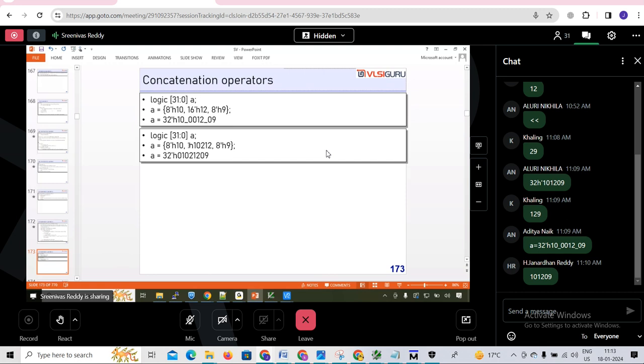Since you haven't given any size, it will take whatever is there. 5 bits are there, it will take 5 characters. It will treat it as a 20-bit vector. Since you haven't specified any size here, it will take it as 20 characters. 8 characters from here, 20 characters from here, 28. So 0 will be taken from here. You understood? So when you don't give any size and write tick H, it will automatically treat only that much size.